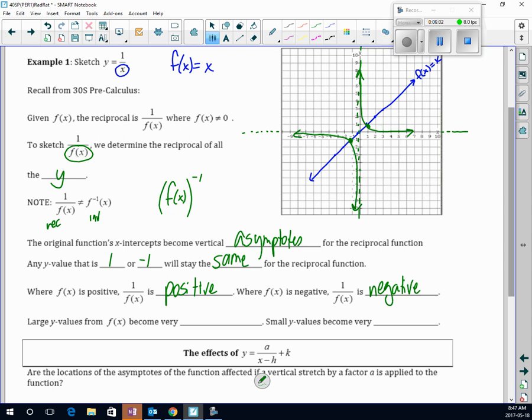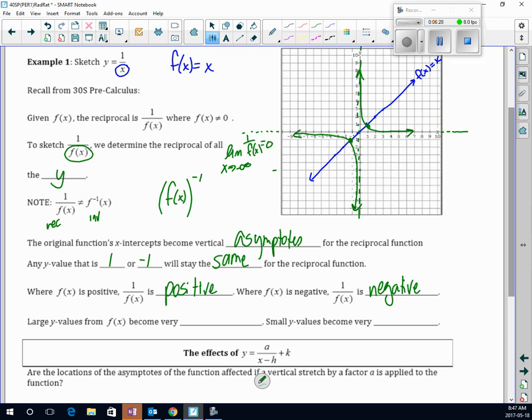In calculus, we say it's called the limit as x goes to negative infinity of, I guess it's 1 over f of x that we're talking about. So as far left as you can go to the left, what do you think that it approaches?